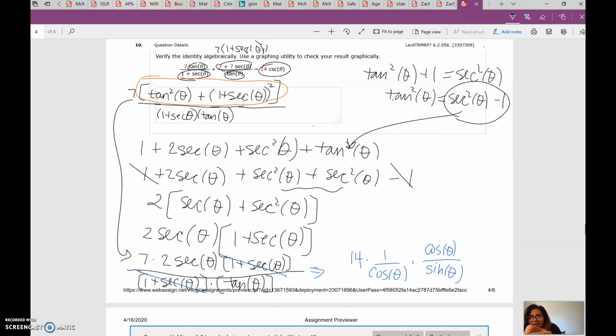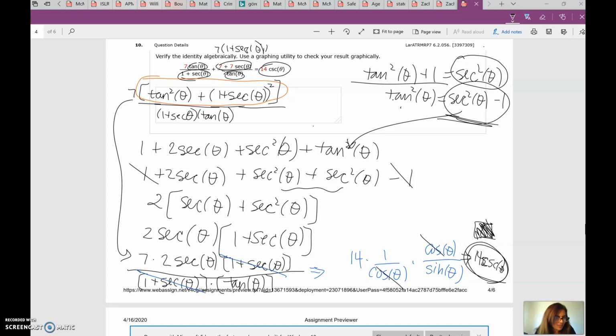And aha! Those cancel. 1 over sine gives us cosecant. And there we are. So we have verified it. And the mistake I made earlier was I substituted for secant with tangent rather than substituting for tangent with secant. Okay, so we'll post this now.